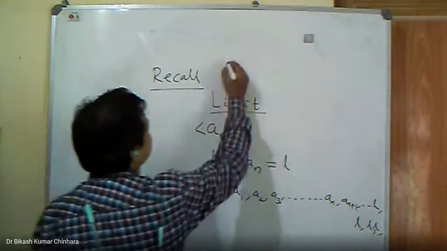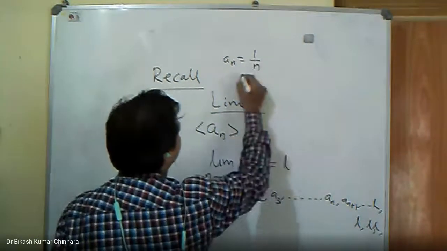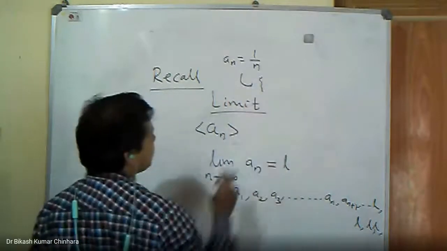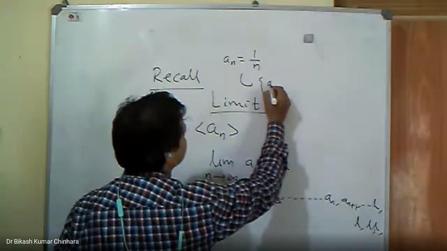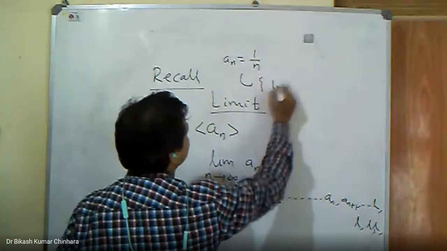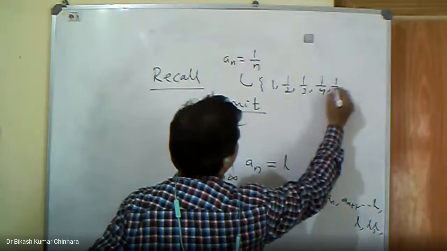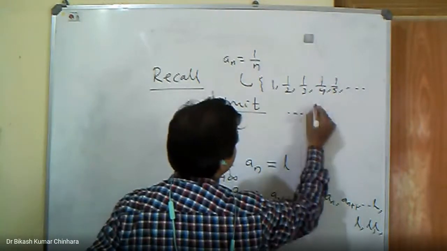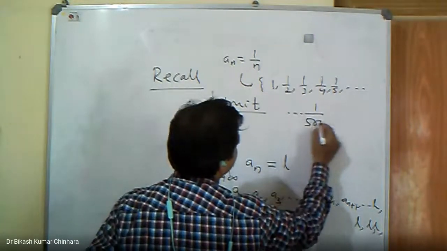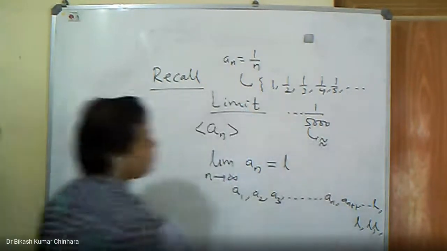Suppose I am writing a_n equal to 1 by n. Then the set of all terms of the sequence is: a1 is 1, then 1 by 2, then 1 by 3, then 1 by 4, 1 by 5, like this. Suppose you write 1 by 50,000, it is almost equal to 0.